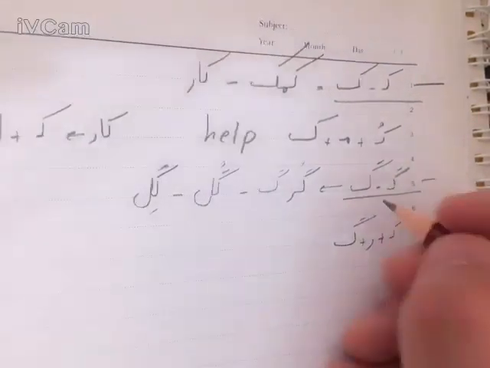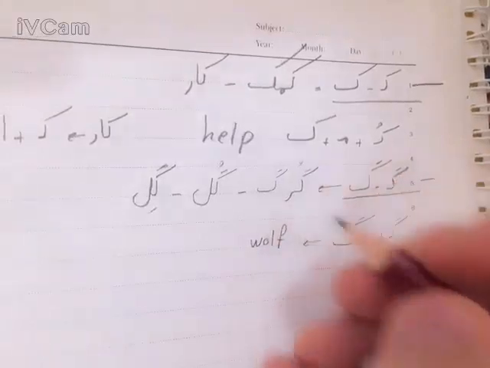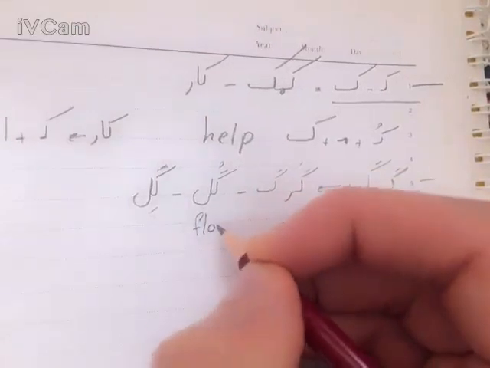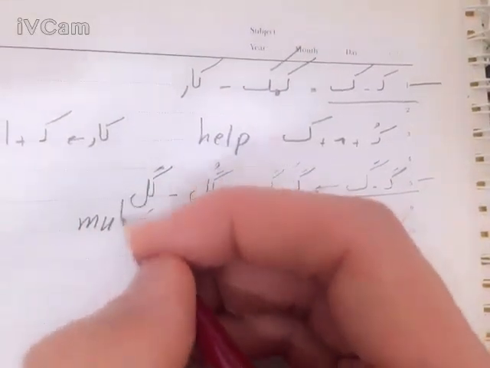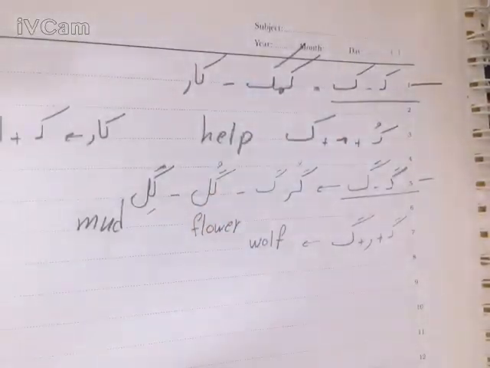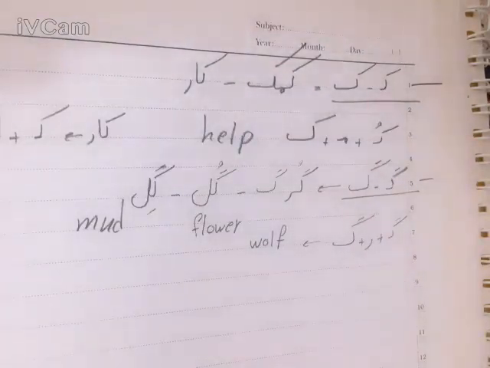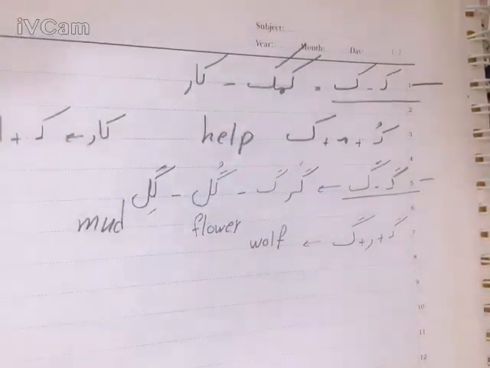So we had gorg, which meant wolf, and we had gol, which was flower, and gel, which means mud. So how do you understand which is which? Because we don't have them in an actual text, we're going to determine it by the context of the sentence. No other way. Or how people would actually read or say it. So let's go to the next letter.